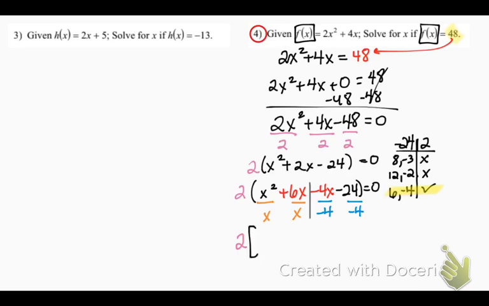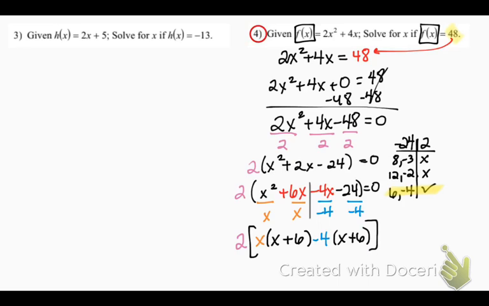Then I have my x of my GCF left. Now x squared divided by x is x. 6x divided by x is 6. Okay. Negative 4x divided by negative 4 is going to be just a positive x. Negative 24 divided by negative 4 is going to be a positive 6. And this is what I'm left with.